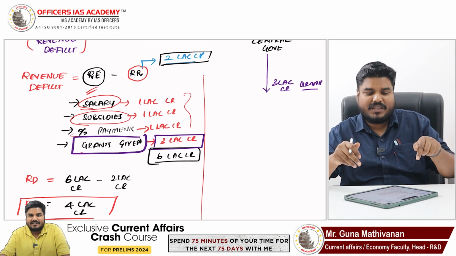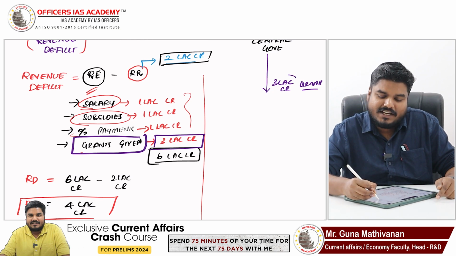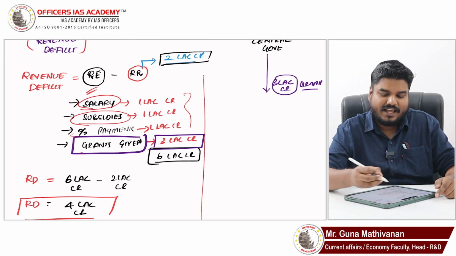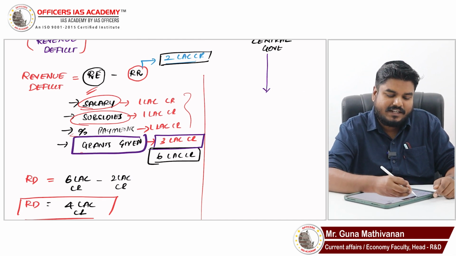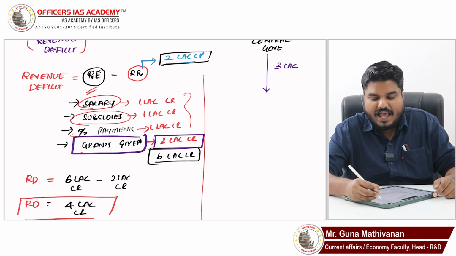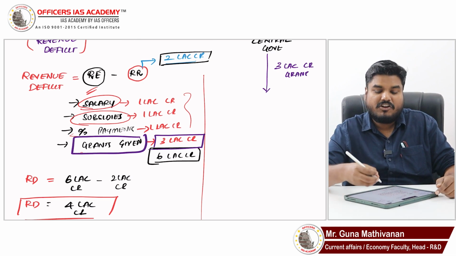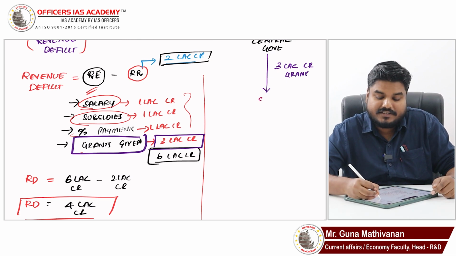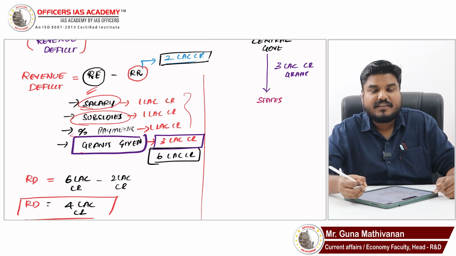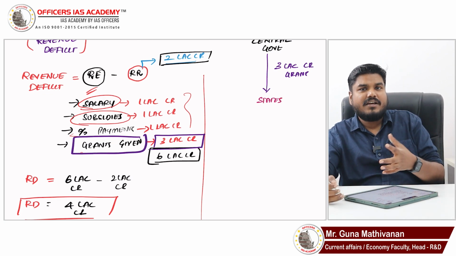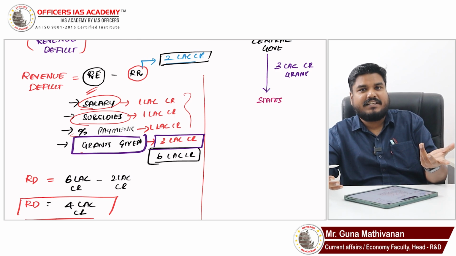I am assuming this entire 3 lakh crore rupees of grants, the central government gives to states, for the sake of better understanding.